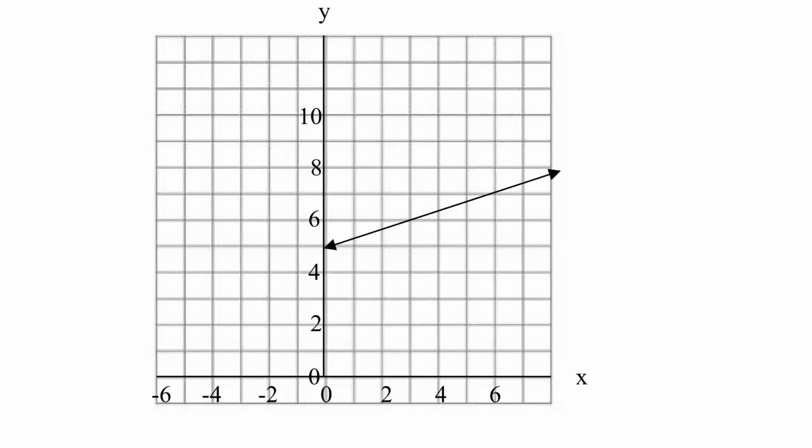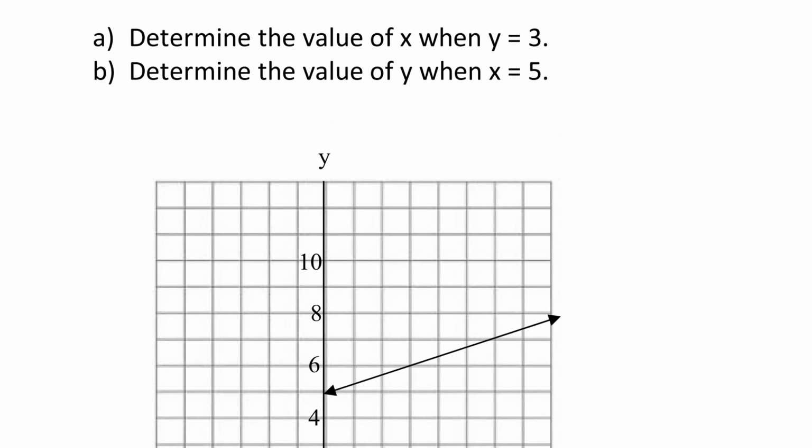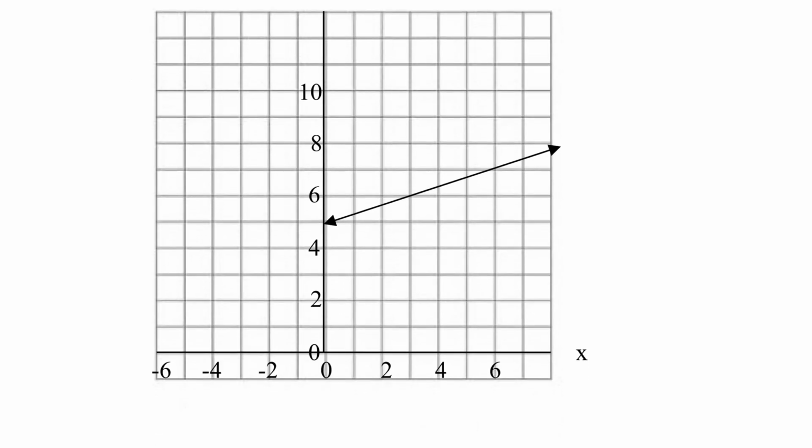Now we want to look inside of the data that we have, and we also want to look outside of the data that we have. So the first one that we are looking at is y equals 3. When y equals 3, if we extend this way, we're not going to find any data collected.